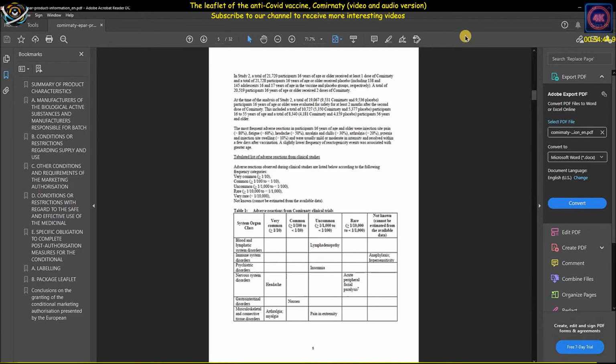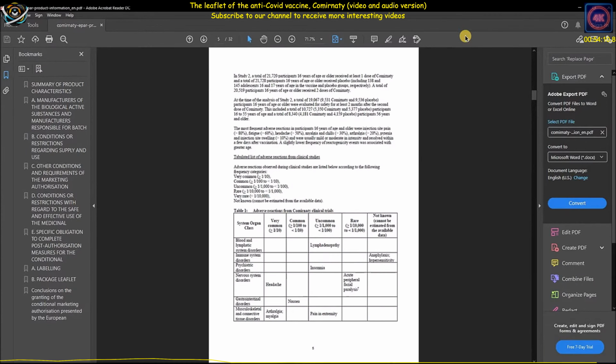System organ class. Very common, greater than or equal to 1/10. Common, greater than or equal to 1/100 and less than 1/10. Uncommon, greater than or equal to 1/1,000 and less than 1/100. Rare, greater than or equal to 1/10,000 and less than 1/1,000. Not known, cannot be estimated from the available data.